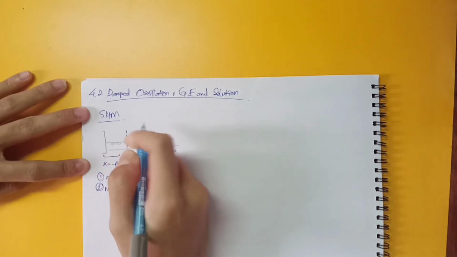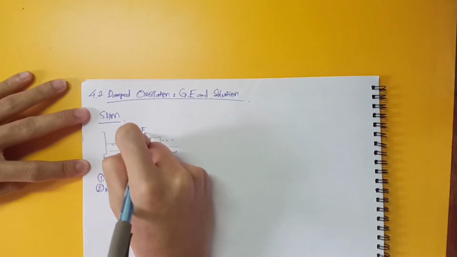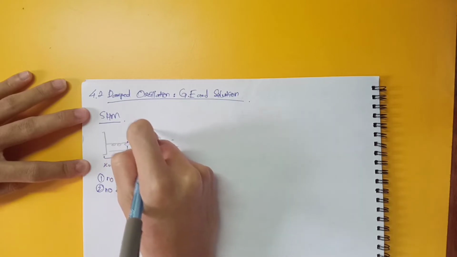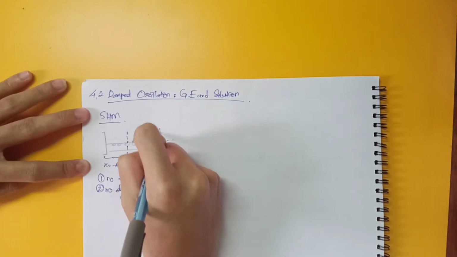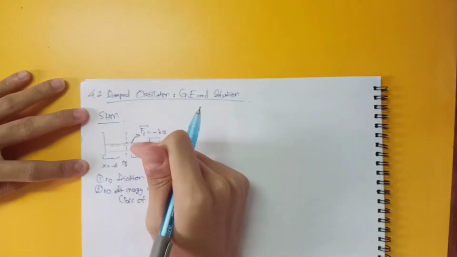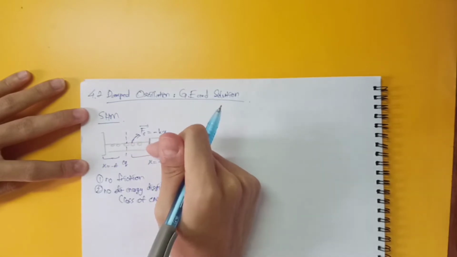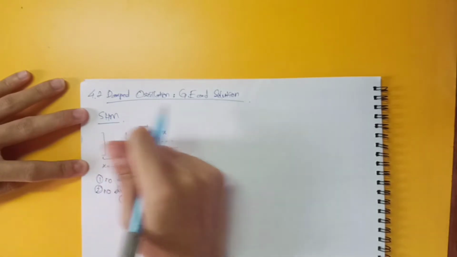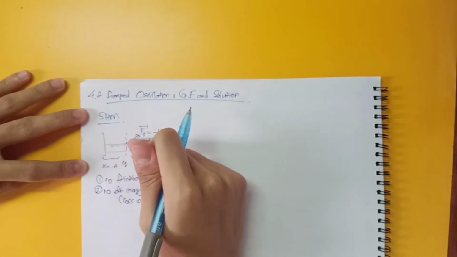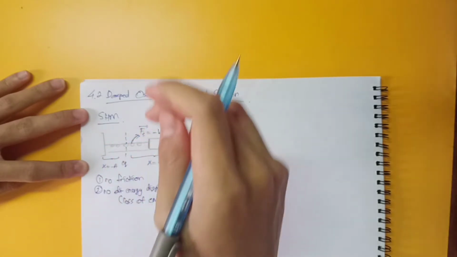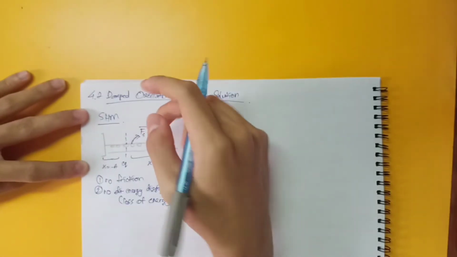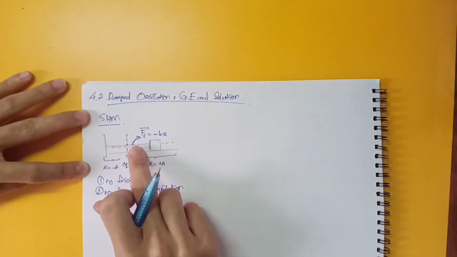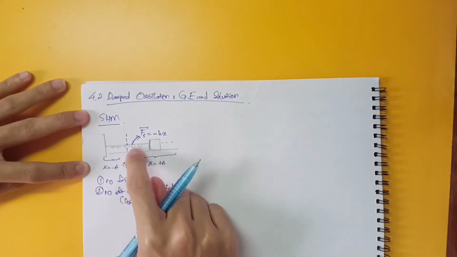There is a force in the spring which we call the restoring force, which is Fs equal to negative kx. This force makes the block move back and forth non-stop, and it is the only force exerted on this system, the restoring force inside the spring.